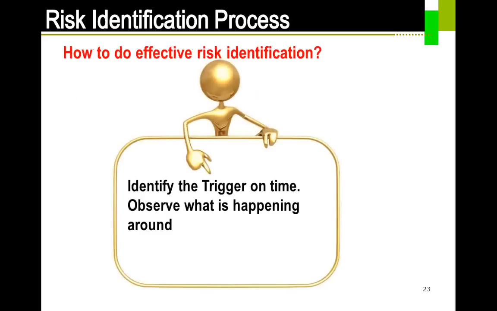Let's look at one more tip to do effective risk identification. It is important that you identify the trigger on time. What I mean by this is, suppose you're executing a project for a period of 6 to 12 months. Suppose it is a 52 week project, and till the 16th week it all went very well.